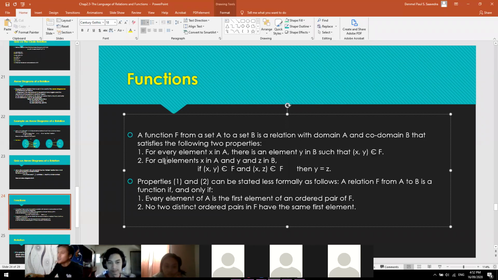Number 2: for all elements x in A and y and z in B, if (x, y) is an element of f and (x, z) is an element of f, then y is equal to z. So sabi dito, bago nyo masabing element yung ordered pair (x, y) at saka (x, z), dapat equal yung codomain nila.